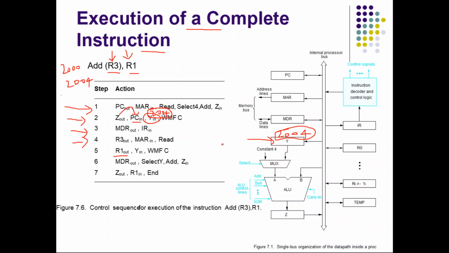So from Y you can directly fetch the next instruction, which will be faster than saying PC out and then getting it. Because of that reason, Y was holding the address of the next instruction.